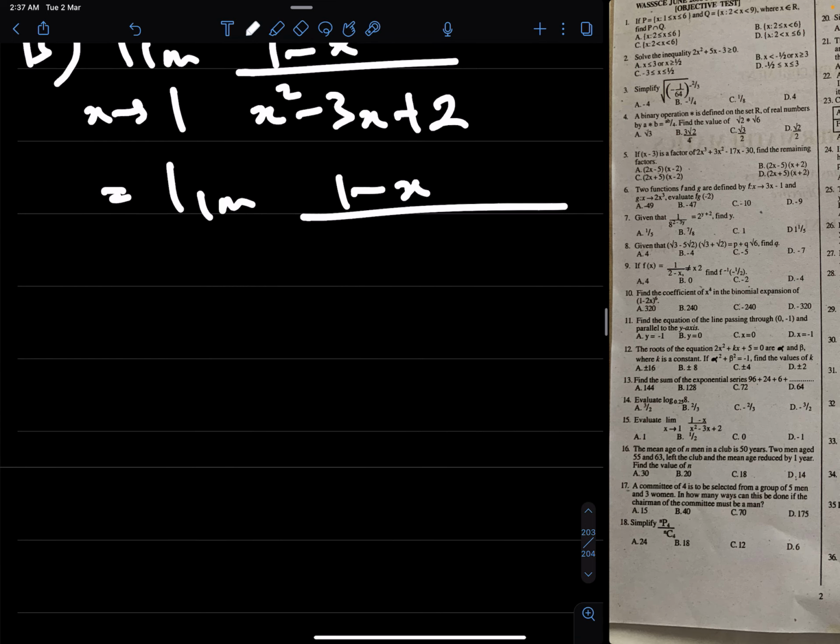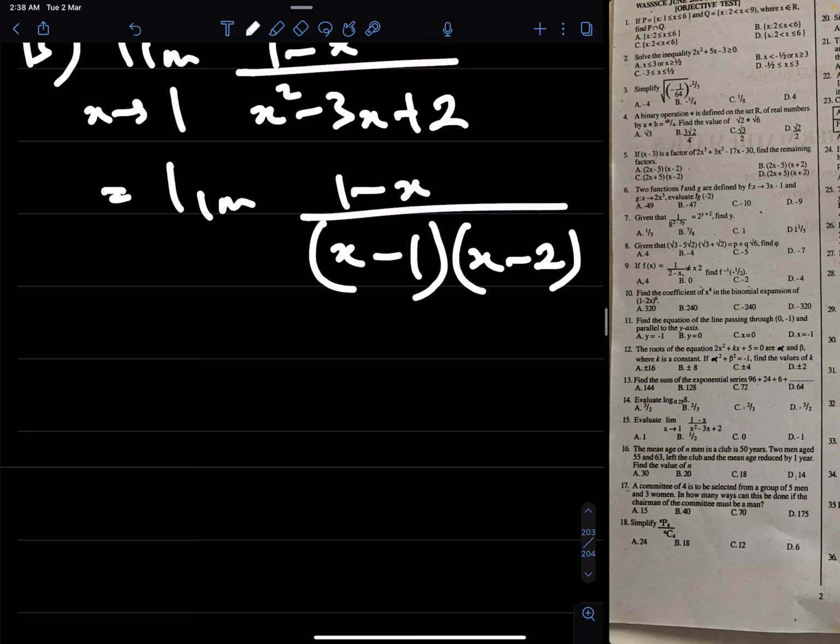If you factorize that, it is the same as x minus 1 times x minus 2. That's the same as x squared minus 3x plus 2.